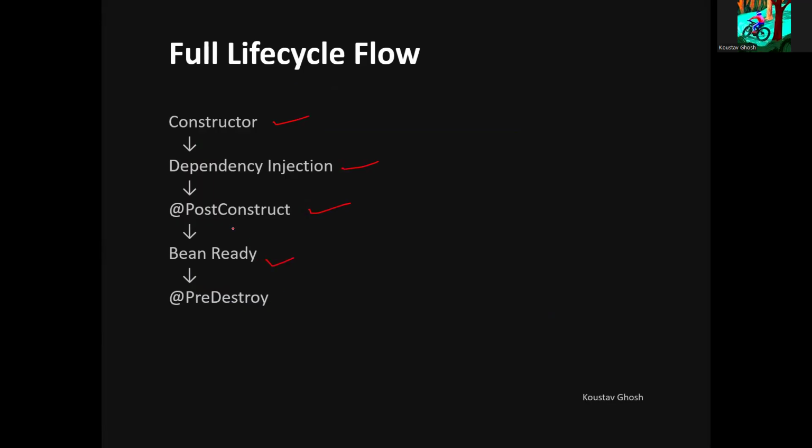That's why I told you that before the bean is used, we use PostConstruct, and there you can initialize all those connections. After that the bean is ready, and we use the bean instances in our programs. And finally we use PreDestroy, which runs before destruction.